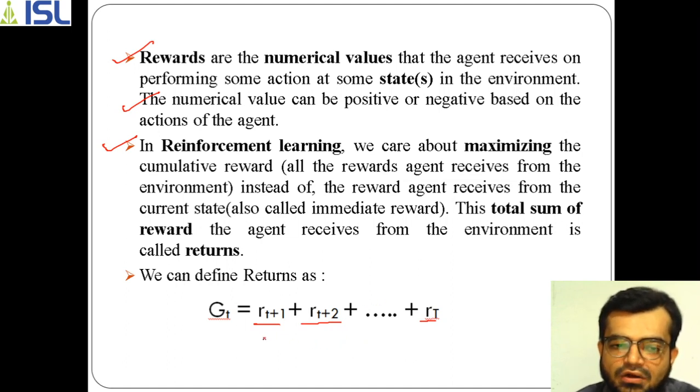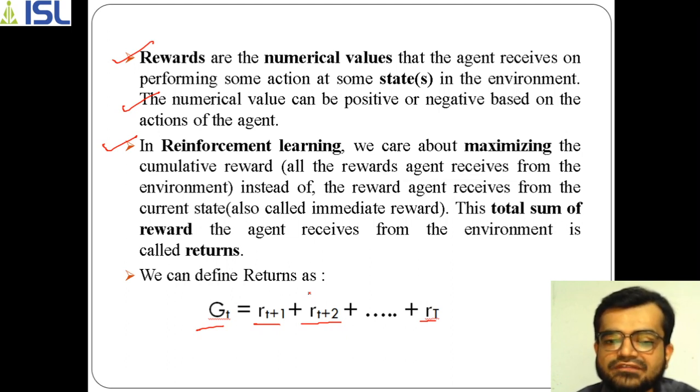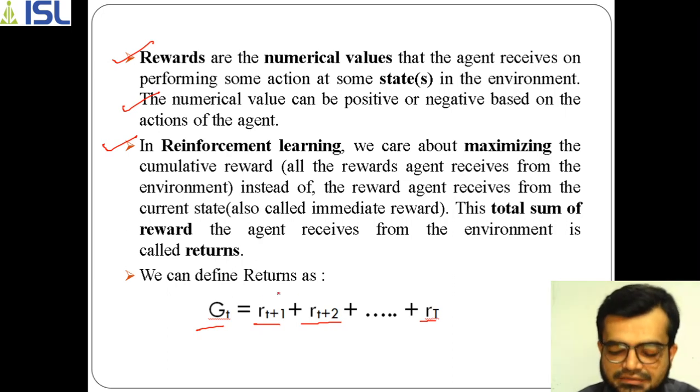If you combine all of this, what can you term it? Returns. So simply, returns are the cumulative values of all the rewards which an agent gets from the initial state to the final state.